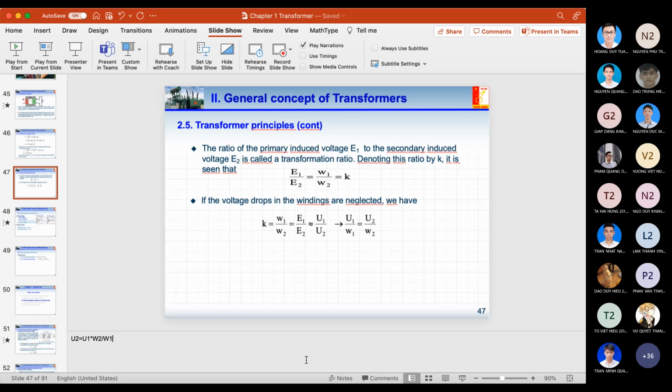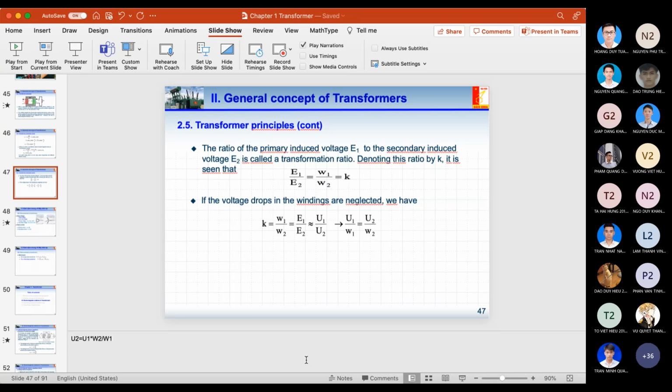So you are saying that we have to change the number of turns of W1. It means the voltage level of W1 is very high, for example 22 kilovolts. Why that? Can you explain to all of us?